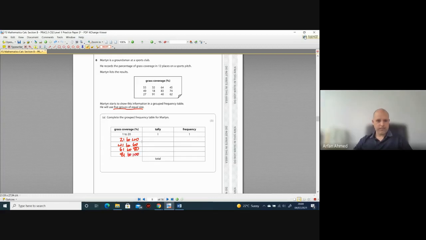Yes, that'll make sure we've got all of them. We've not got any more than 100 in these values. They've already done 1 to 20, there's a tally mark in there. Frequency is just how many, so that's one. That one's done. Let's see how many there are for 21 to 40.